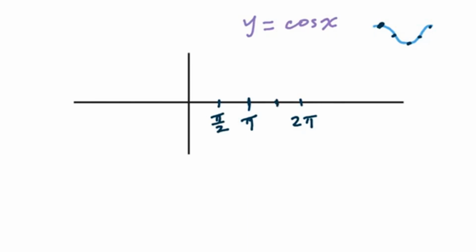Then this part is half, 3 pi over 2. Then we got 1, here's a negative 1. Remember, for cosine x, we get started from maximum, then going down, go to minimum, going up, go to maximum. We can sketch the graph like this curve.